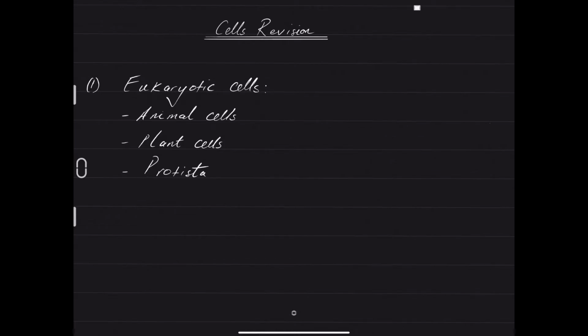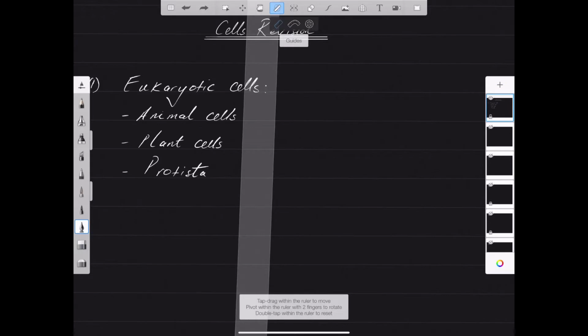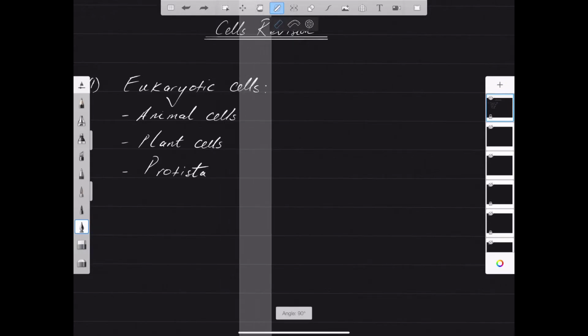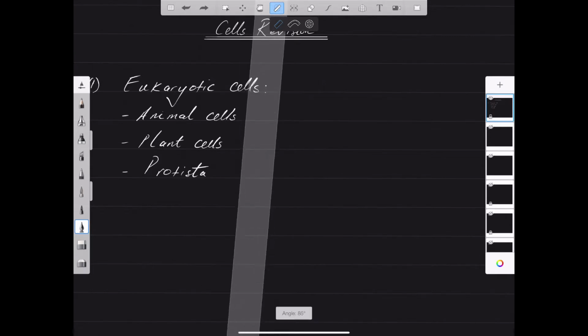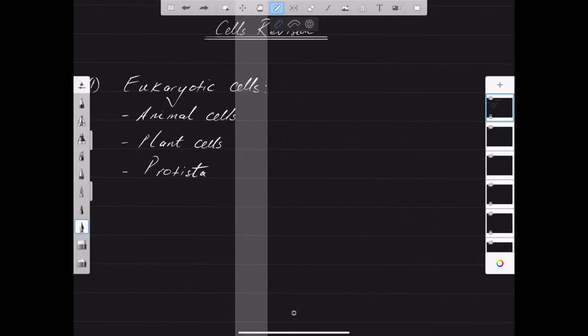Now, eukaryotic cells also have certain features that are in common. So, can you, to the side of that list, put a dividing line? We'll separate this and put some unique features of eukaryotic cells to the side of it.